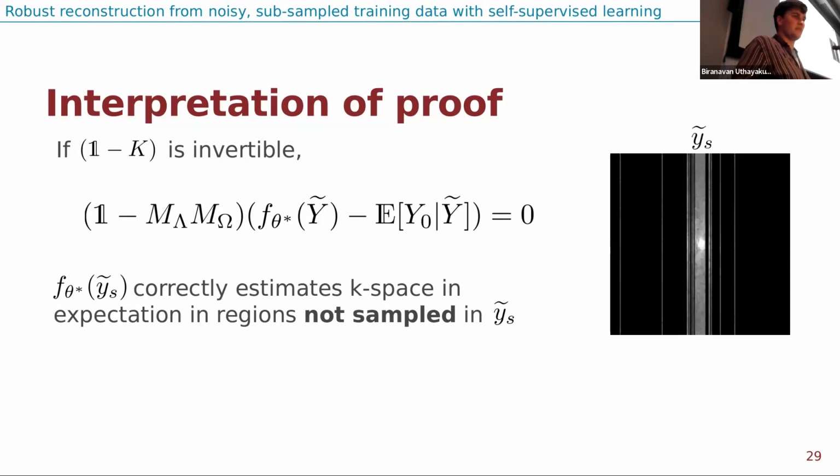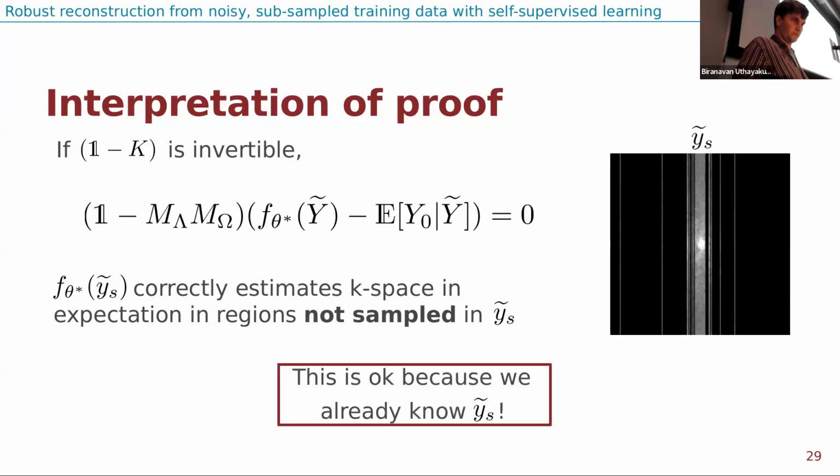This sounds like it might be a bit of a problem, but it actually doesn't matter because we already know y tilde. So the network will take something like this, a y tilde as its input, and then learn all the dark patches. So it doesn't also learn to map to itself, but that's okay because we can overwrite with y tilde so that it learns everywhere in expectation correctly.